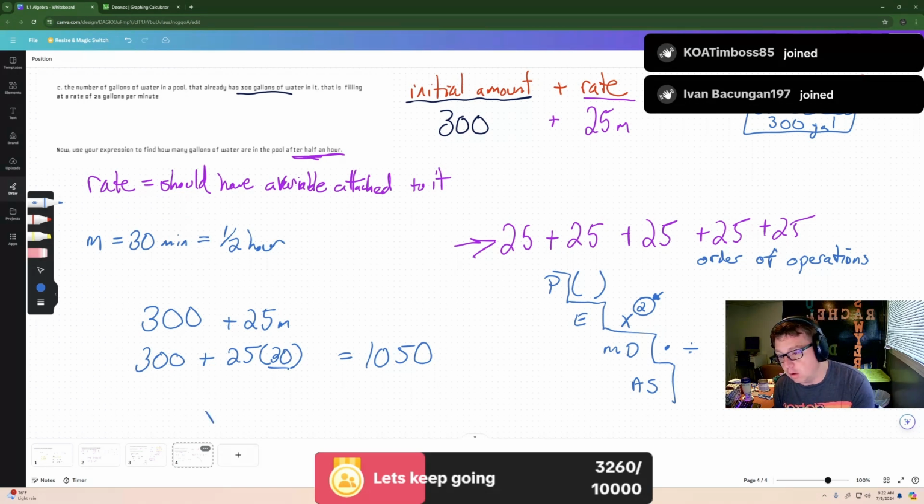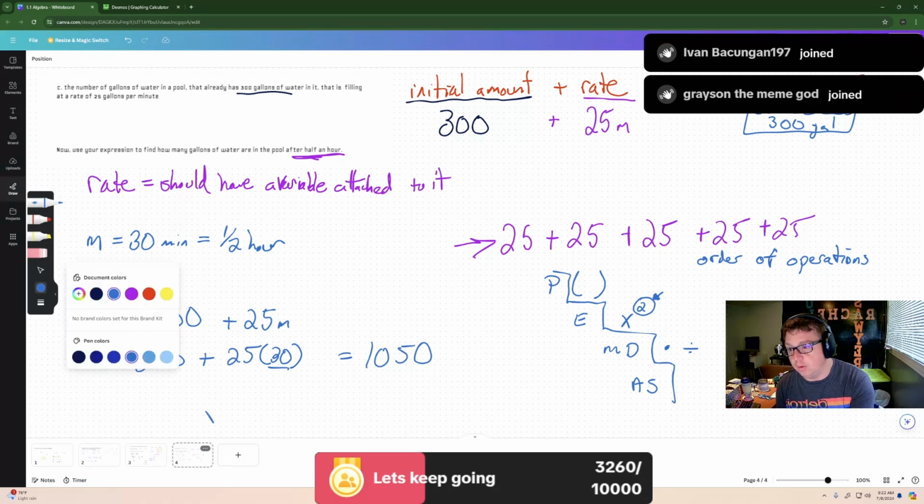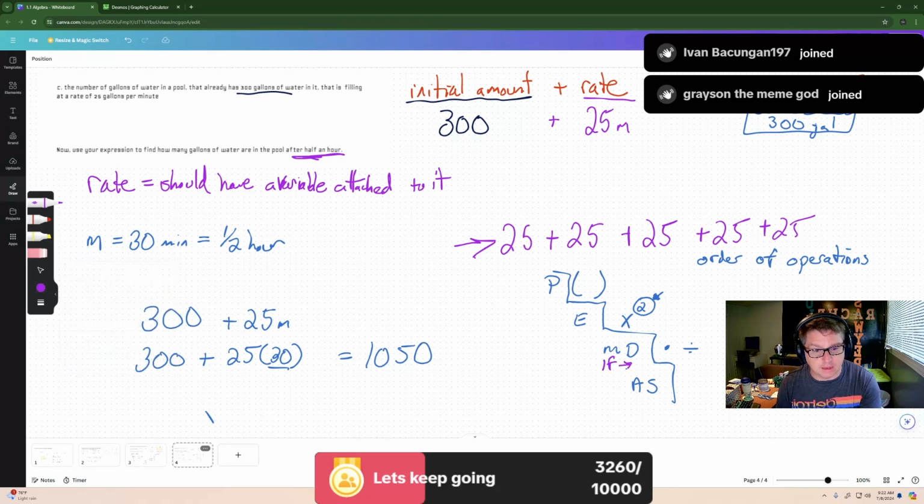So how do we know what to do? Well, these ones are special, and how we do them is exactly how we read, left to right. So if it was 25 times 2 divided by 3 times 70 divided by 6, we're not going to do the multiplications first.